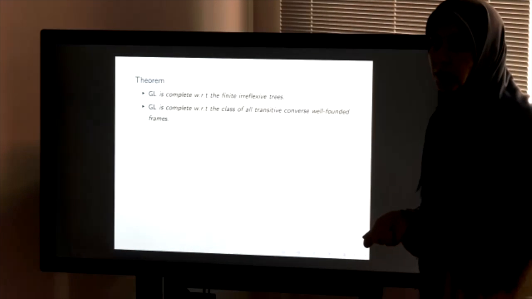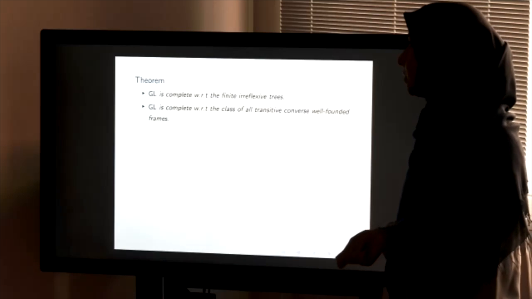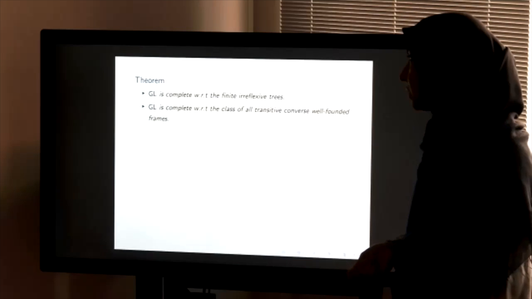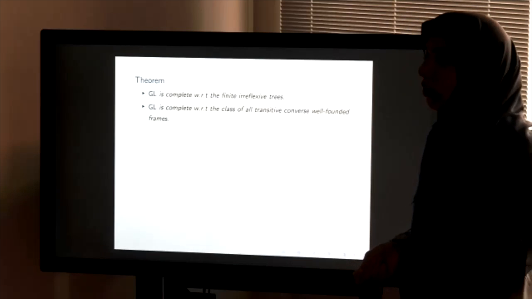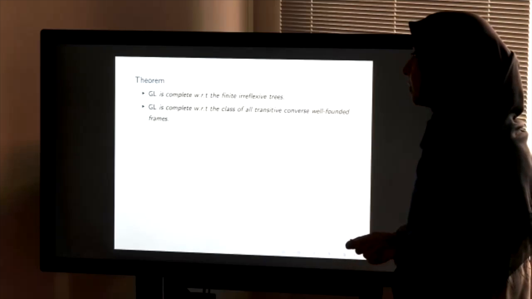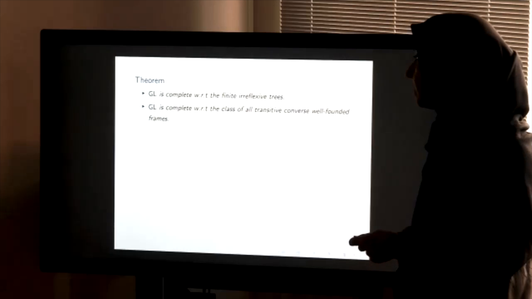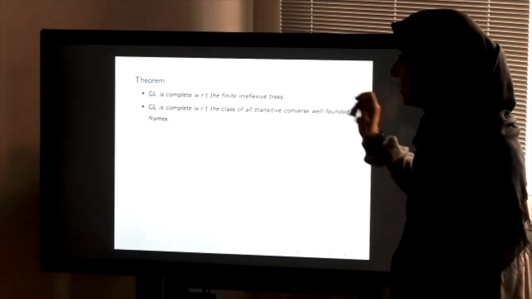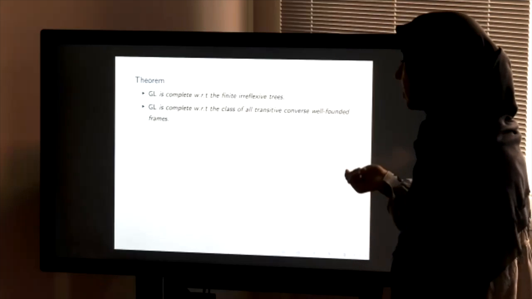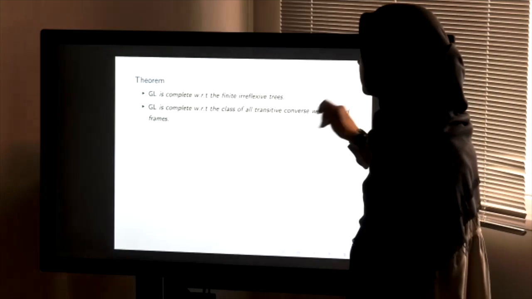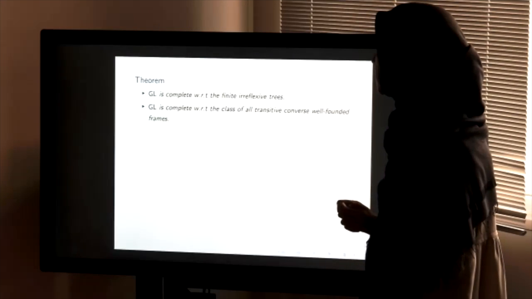This proves that GL is complete with respect to the finite irreflexive trees, and also complete with respect to the class of all transitive converse well-founded frames. As I said, we can prove that L defines the class of transitive and conversely well-founded frames, and we can prove the completeness.